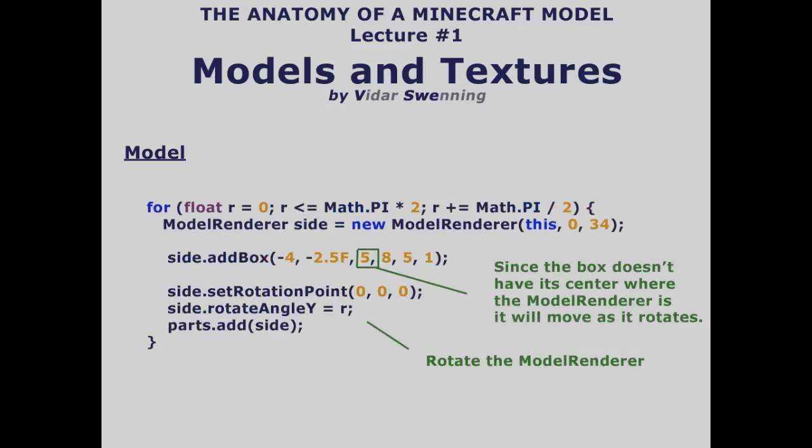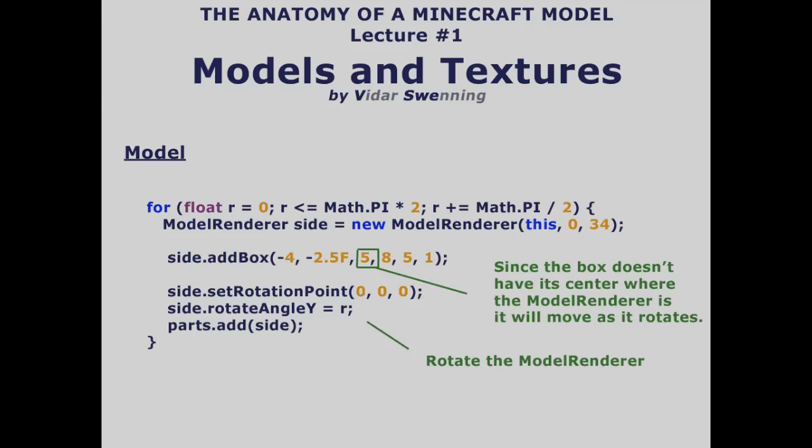Then we have the next thing here, and since the box that we're adding is not in the center of the model renderer, when we rotate the model renderer using side.rotate angle y equals a rotation, what we'll get is that it's not only rotating around its own axis to change its rotation, but it's rotating around the model renderer's position, and therefore it's going to move.